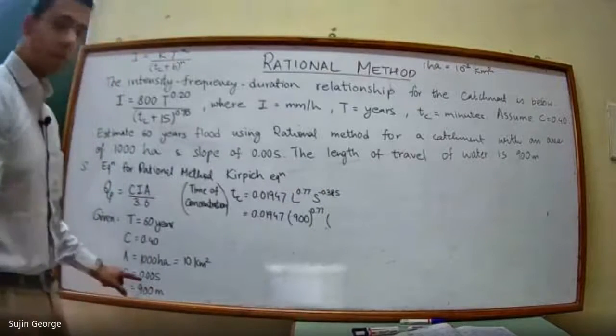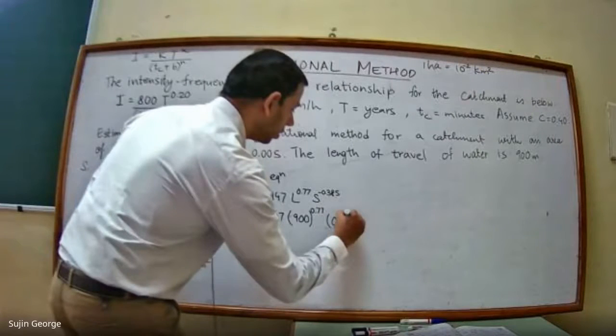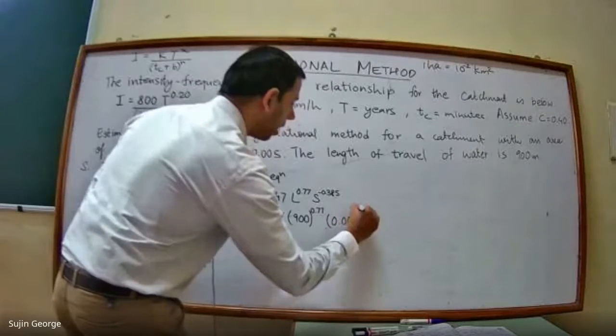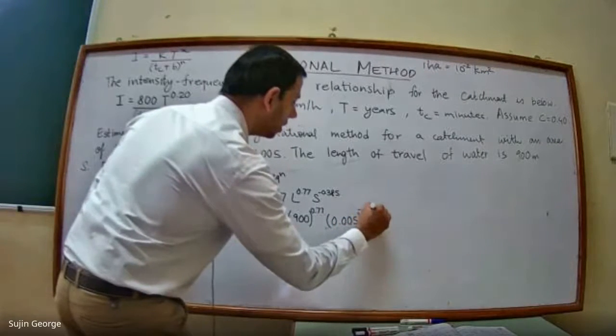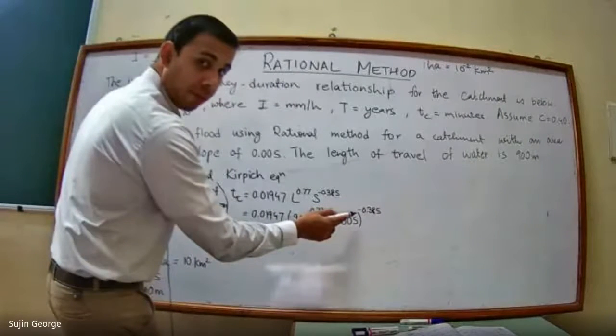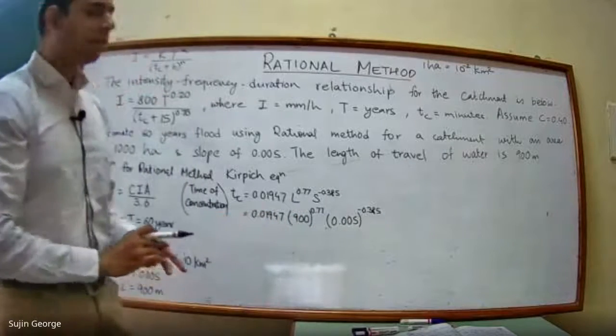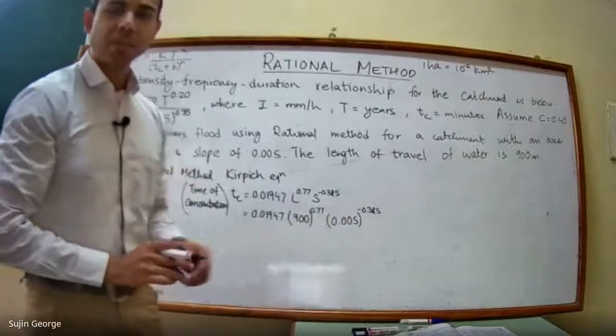Also S is 0.005, 0.005 to the power minus 0.385. Please mind it, here it is minus. And here it is a positive value. Here the power is positive value and here the power is a minus value.